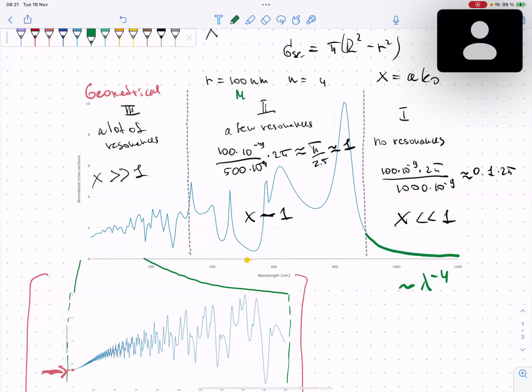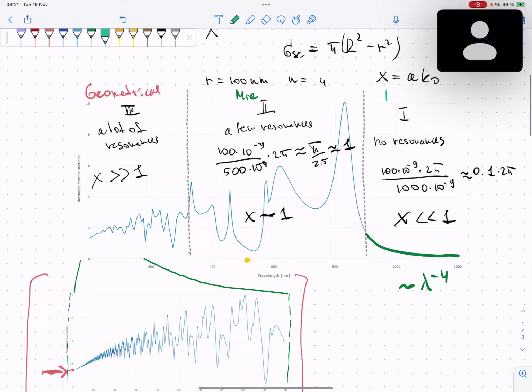This region is called the Mie region, because in this region we calculate scattering, absorption, and everything like this using the Mie theory.